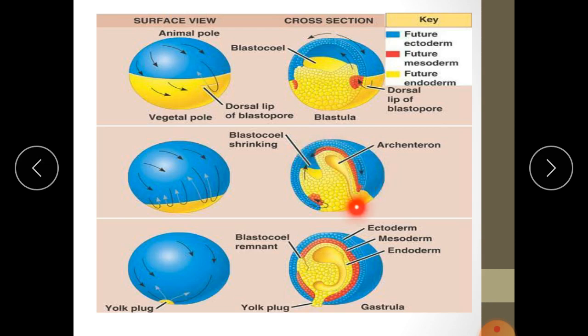As a result, this cavity is increasing, and this is called archenteron. It is a new cavity, and the old cavity, blastocoel, is reducing in size. Very small size. Archenteron is the presumptive gut of the embryo, and this opening is called the blastopore. Blastopore is the presumptive opening of the gut to the exterior. Anus is going to be formed by the blastopore.